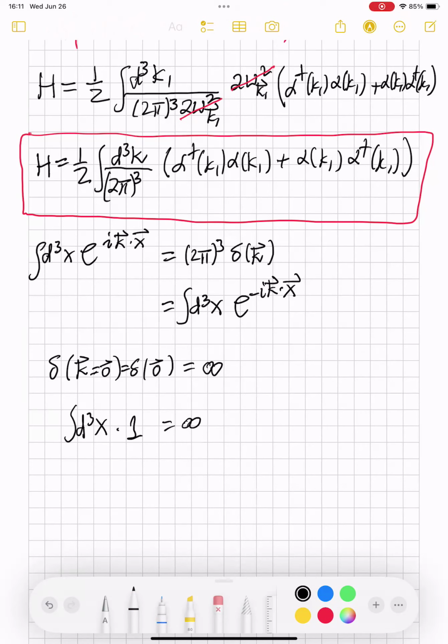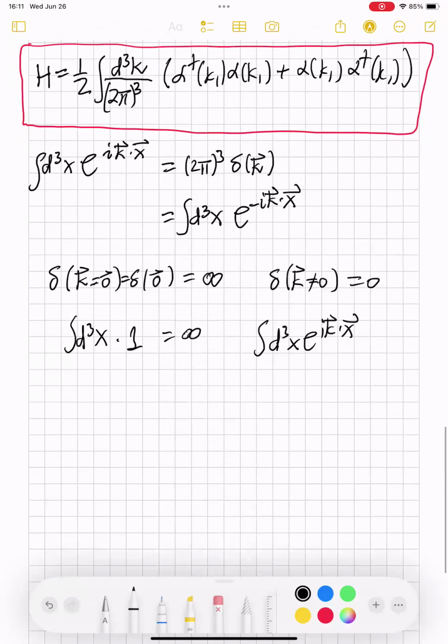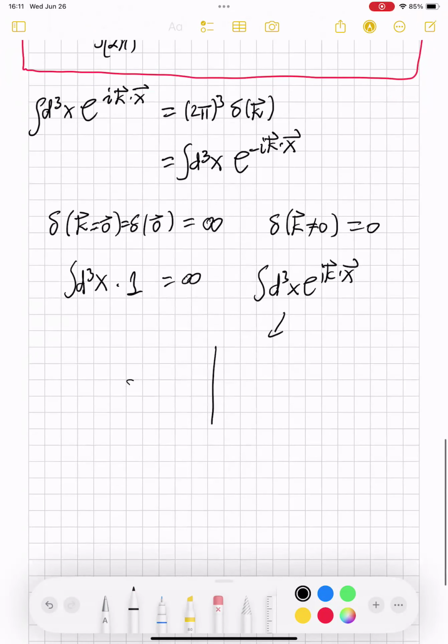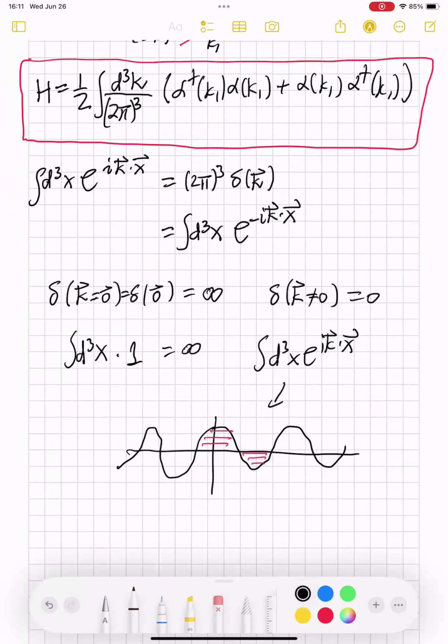Whereas the delta, when k is not 0, is equal to 0. And the integral d3x of e to the i k dot x, well, here you are integrating something. So I'm just going to draw a cartoon. You're integrating something that keeps oscillating. But what's the integral of an oscillating function? 0, because you catch the same amount of area above the curve as below the curve. So that's why this integrates to 0.